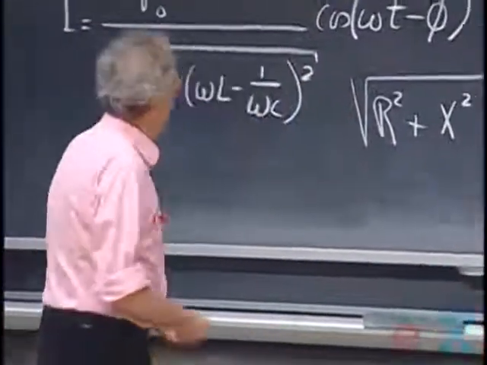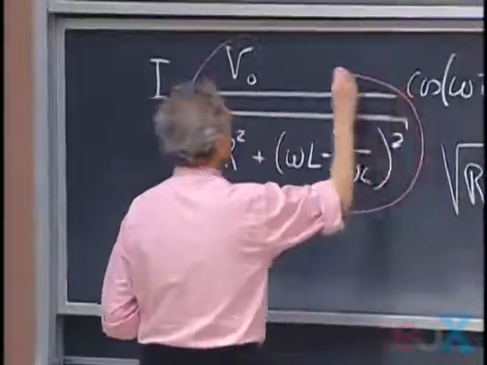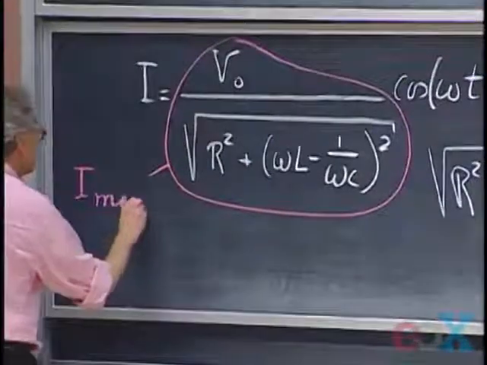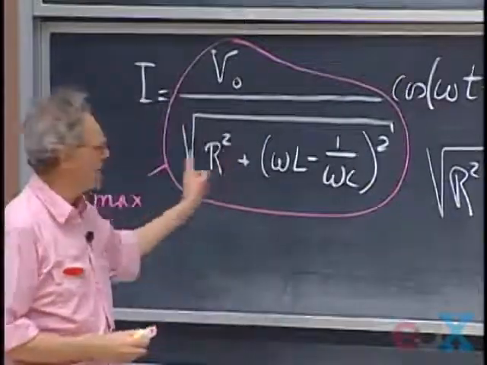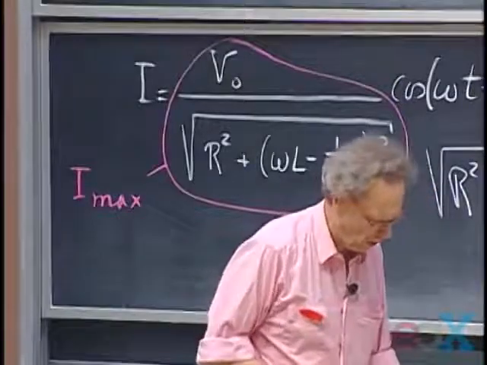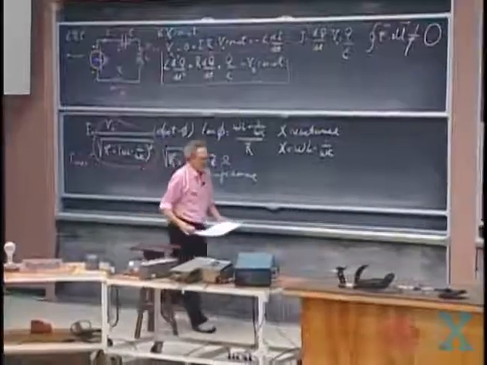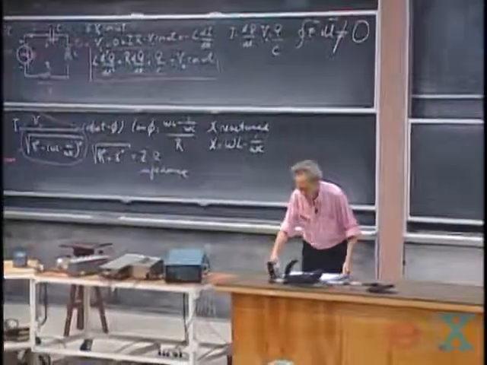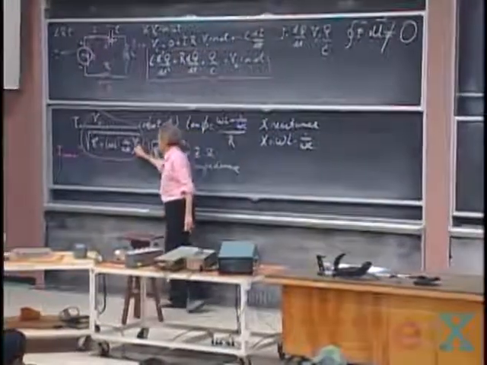So the value for I max, what is in front of the cosine term, we've always called that I max. That value for I max is a function of omega itself, as we will analyze in detail today, and of course also of R, L, and C. And there is one particular value for Z, and therefore for omega, whereby this value reaches a maximum.